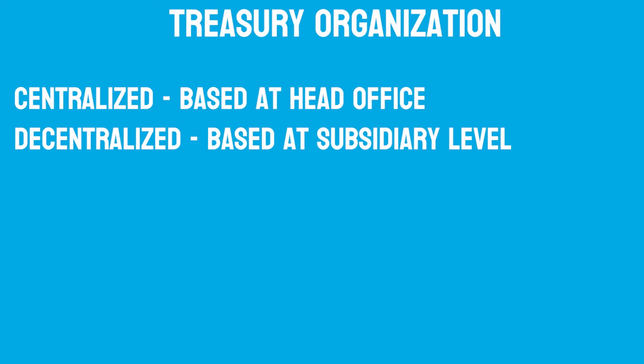So board of directors here make decisions about the degree of centralization of the treasury department and whether it should be organized as a profit or cost center, okay. So what is the difference between centralized and decentralized? Centralized treasury, it is based at head office, and decentralized treasury decision making mainly takes place at subsidiary level, okay.